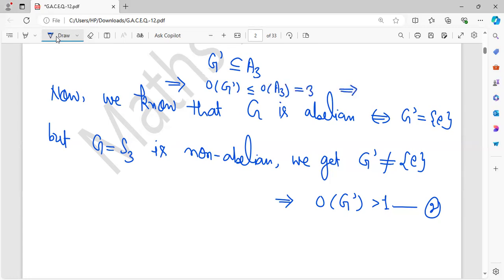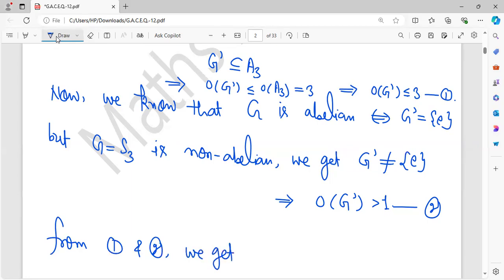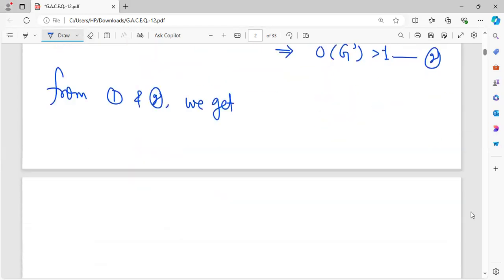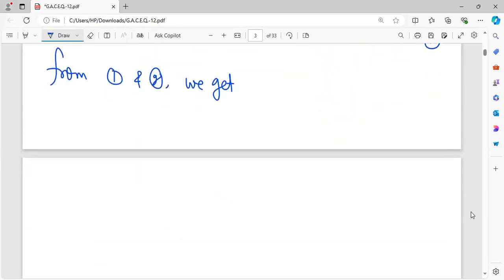So from 1 and 2, we get the order of G dash is greater than 1 and less than or equal to 3.